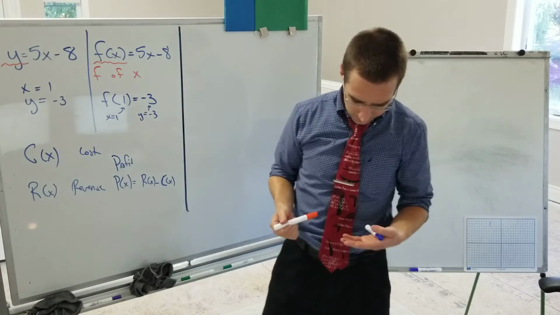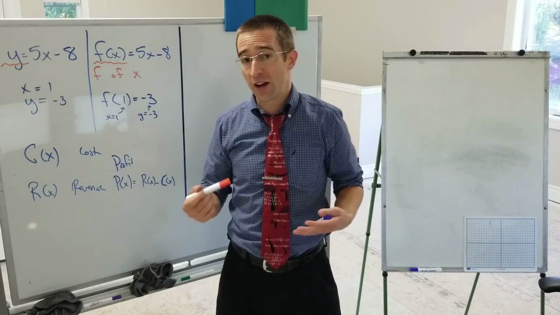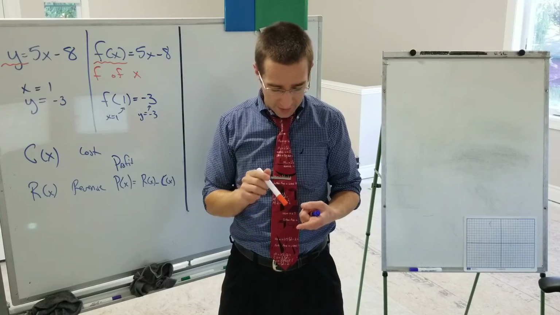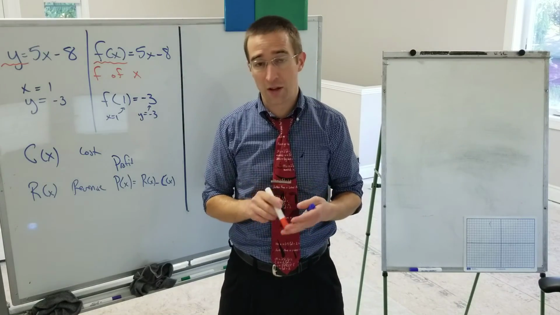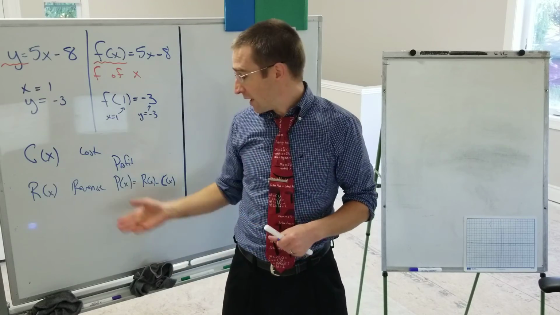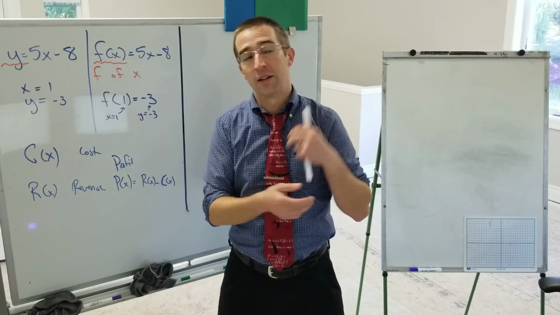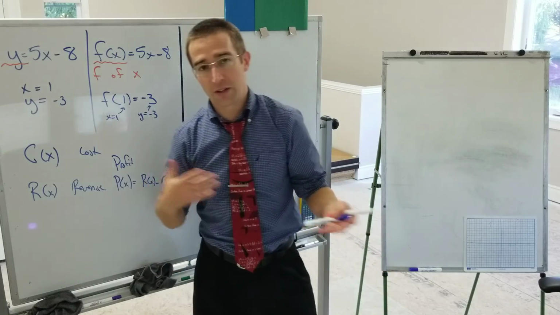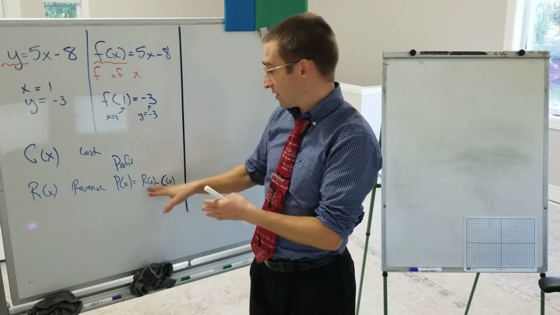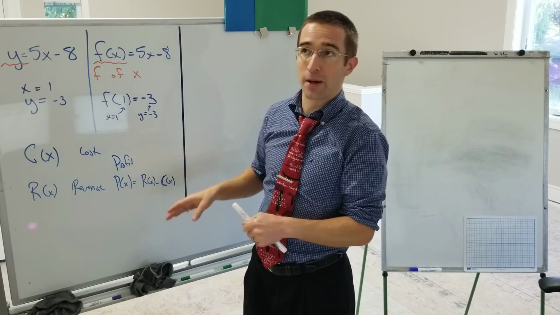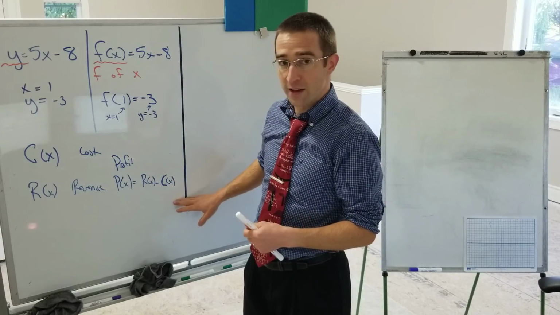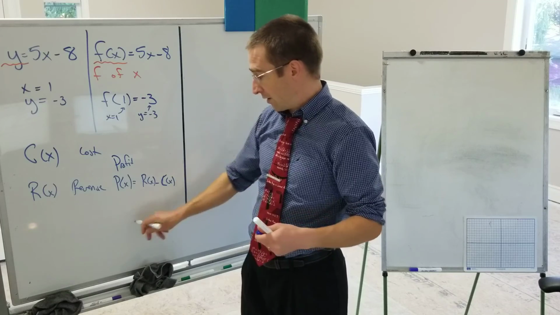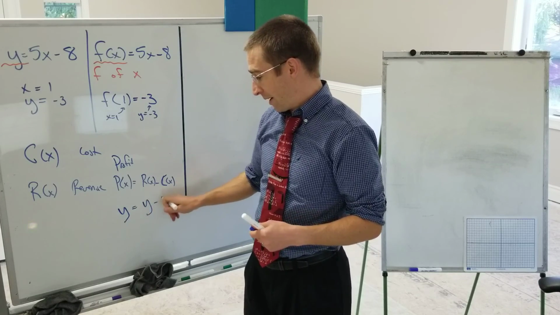When you're running a business, your costs are going to depend on a lot of things, like how many people are working for you, how many hours, if you have any real estate, all the things that you have to buy for it. And then the revenue is all the money coming in, depending on who you're selling to, what you're selling. It'll be more complicated than just one simple function. But each thing could be represented by put these inputs in, get these outputs out, and then profit is the revenue minus the cost. So this is better than y equals y minus y.